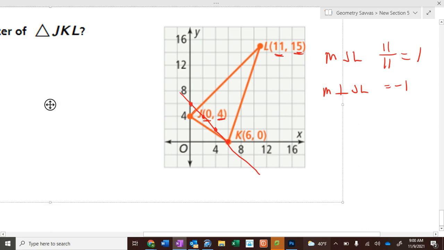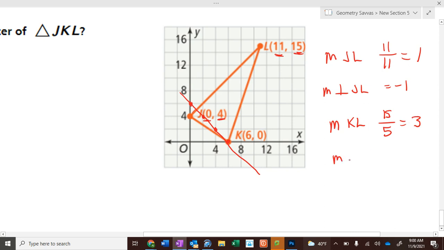There's one altitude. Okay. Now let's go the slope of KL. What's my rise from 0 to 15? 15. And then my run to the right from 6 to 11. 5. So the slope is 3.